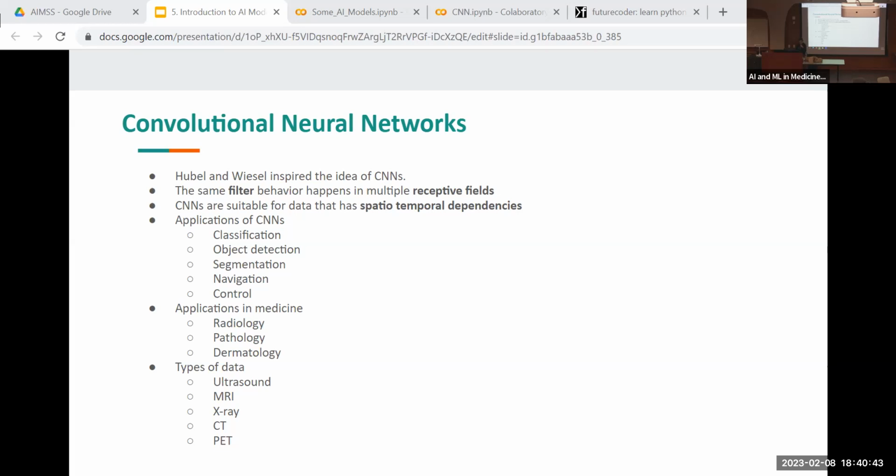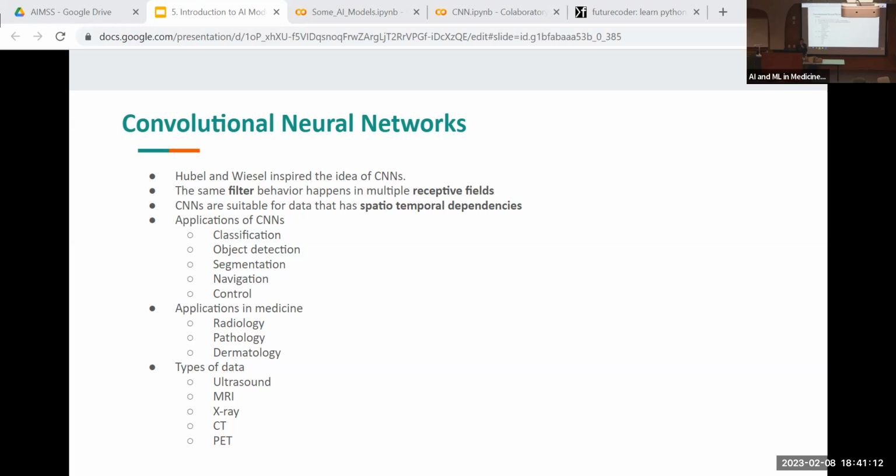Convolutional neural networks are suitable and well-designed for data that has spatiotemporal dependencies. A picture can be an example of such data, because different parts of the picture relate to each other, and this correlation is important, and it shouldn't be missed when we're working with neural networks.